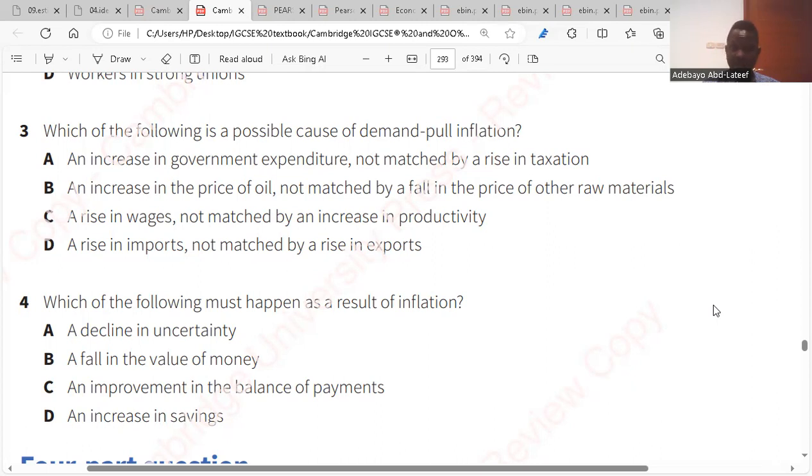Yes, there's an increase in imports, but not matched by a rise in exports. So it's A. When government increases spending and the tax is not matched with it, it means demand will increase in the economy. It's A, yeah.